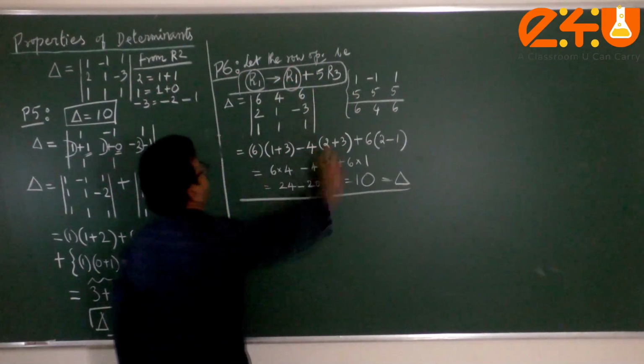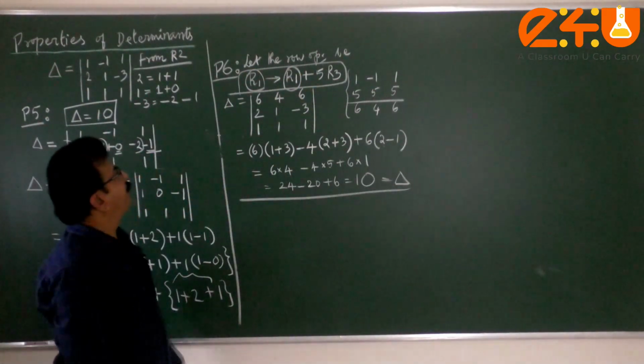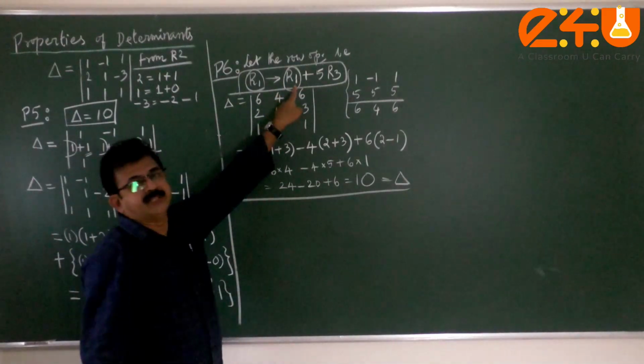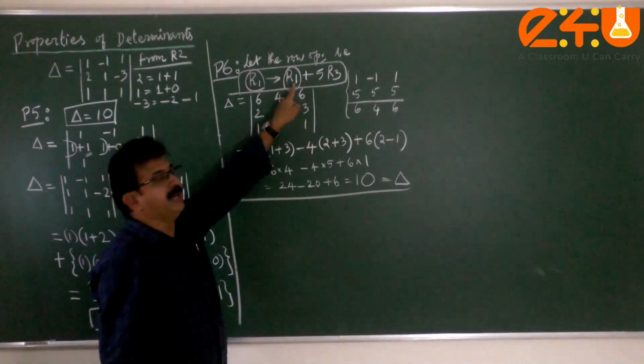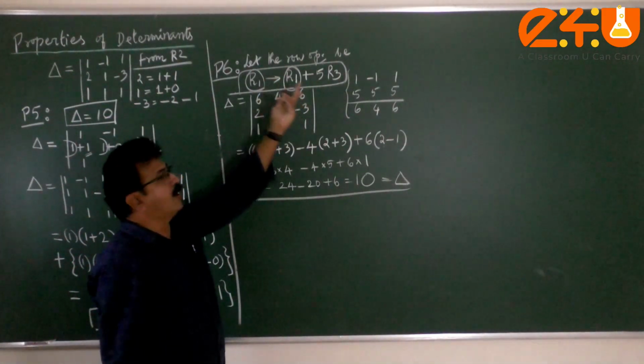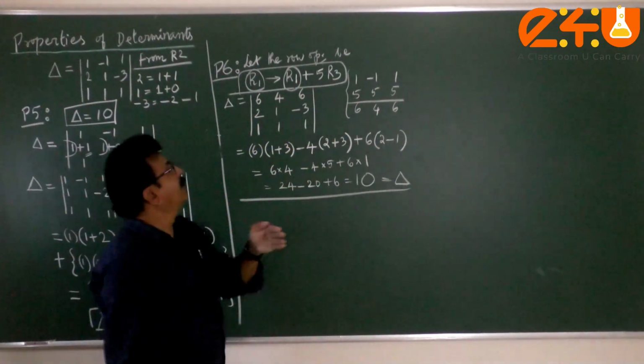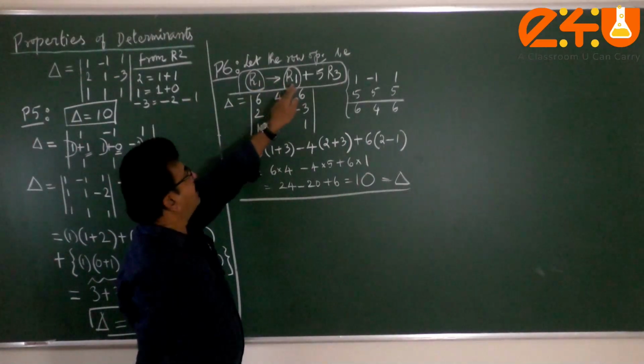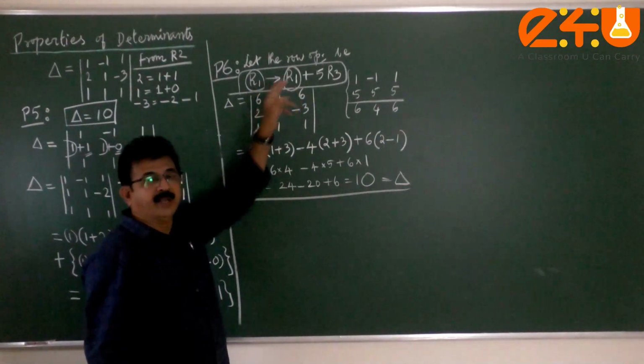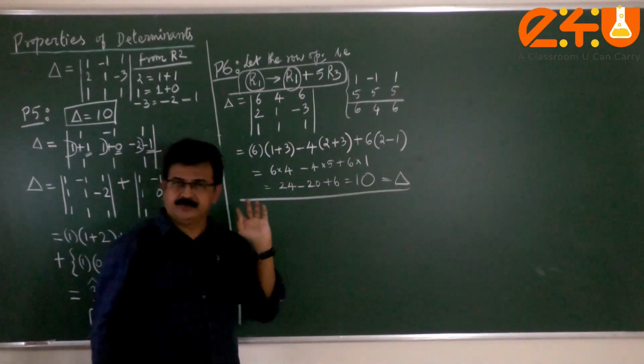Two things you have to keep in mind. Do not entertain multiplying entries in row 1 by another constant. That is not possible. Why not possible? Multiplying elements in a row will multiply the entire determinant.